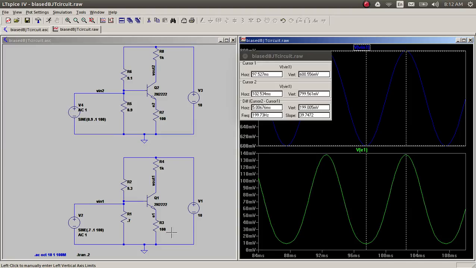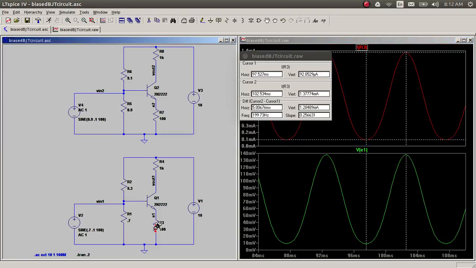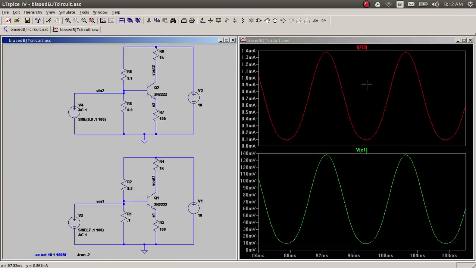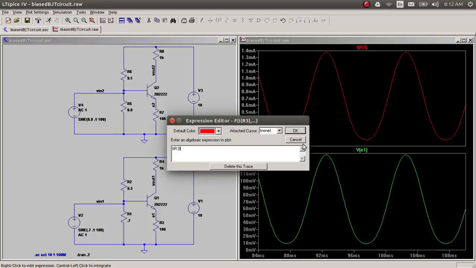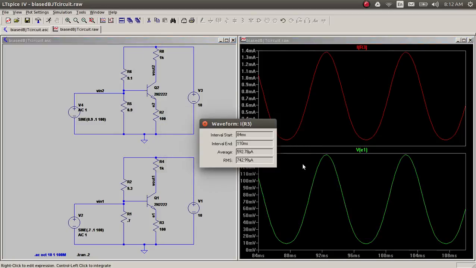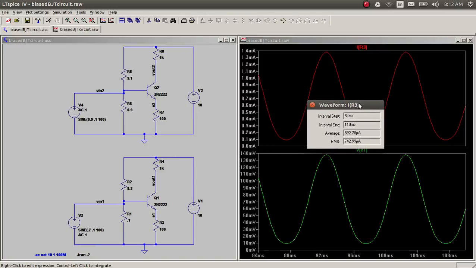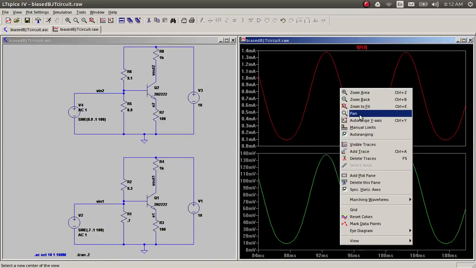So now let's see what was the current in the transistor before. If I look at I of R3, I'm not interested in the varying part, I'm actually interested primarily in the constant part, and so this tells me that, well, I can even take it on a larger scale.